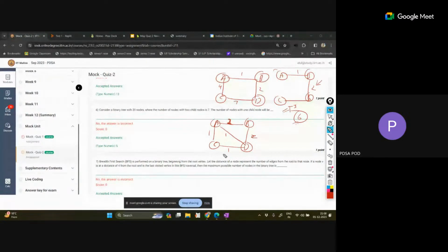Suppose this type of graph is given. In this case, multiple MSTs are possible. So you will select either A, C, and B and D, and you can select either one.